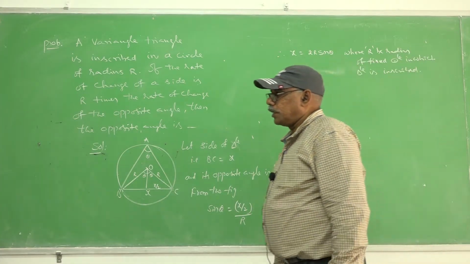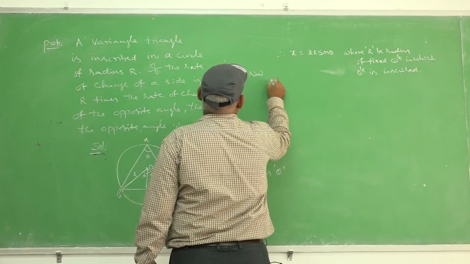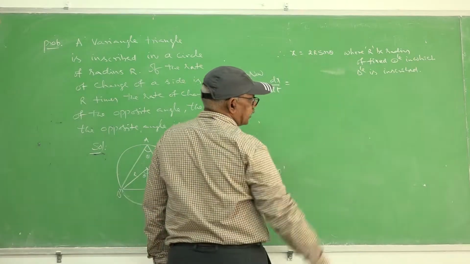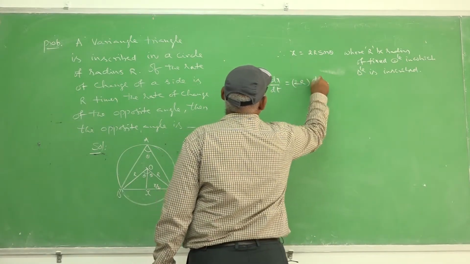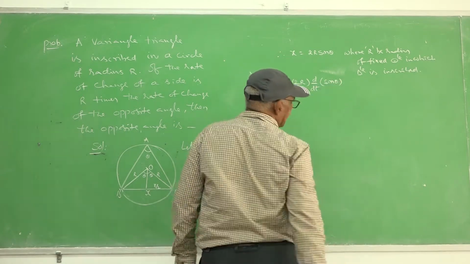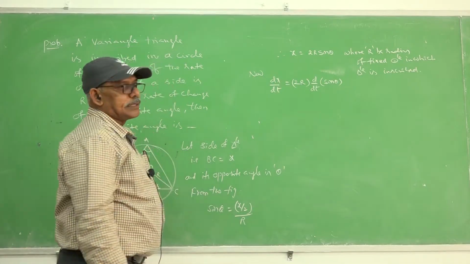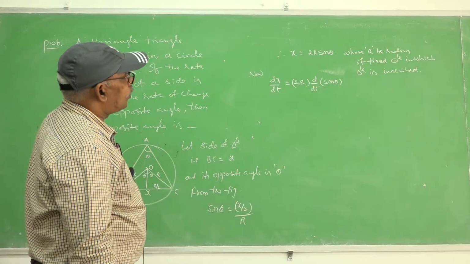Based on this relation, now dx by dt: differentiating both sides with respect to t, 2R is constant, so 2R into d by dt of sine theta, because both x and theta are variables that vary with time.